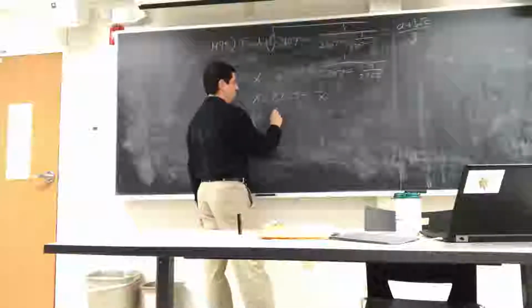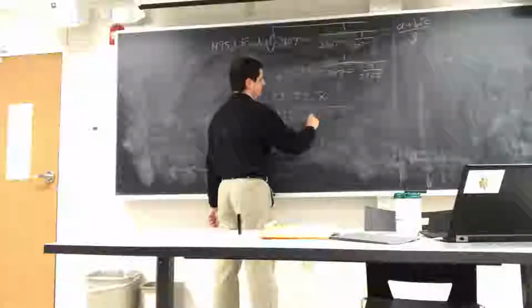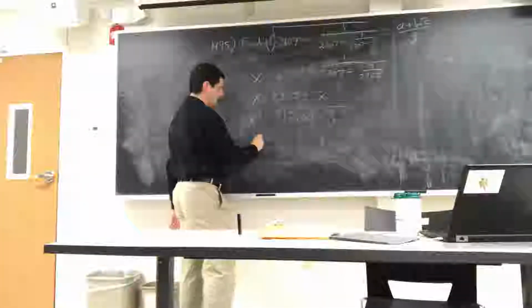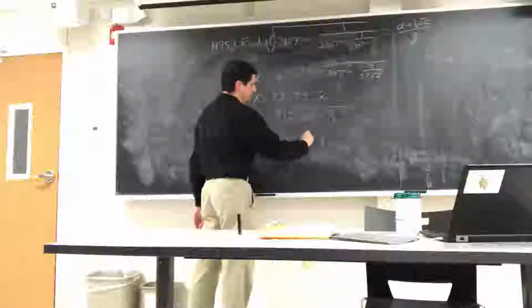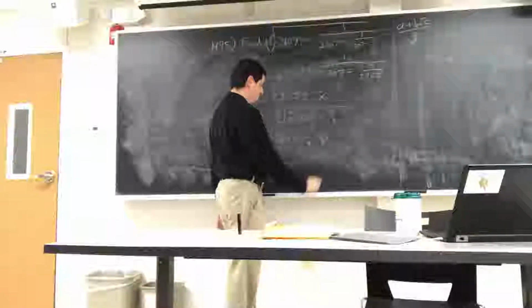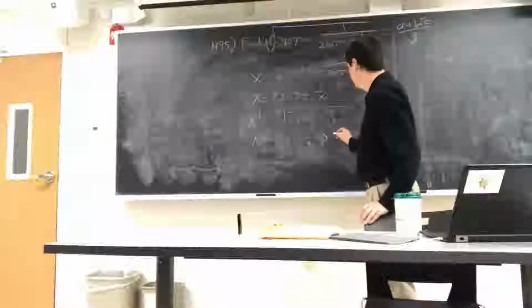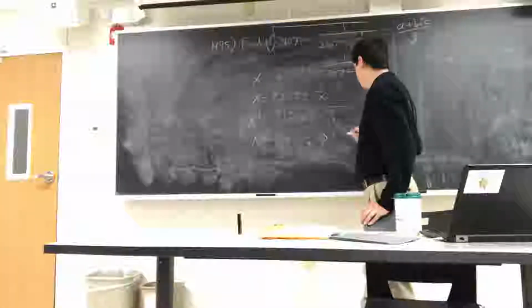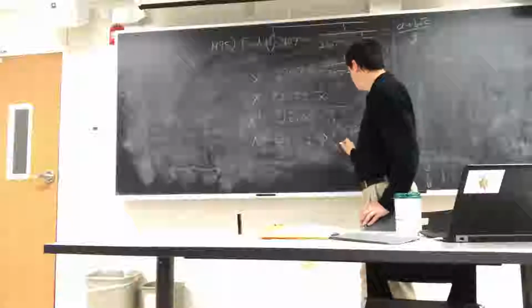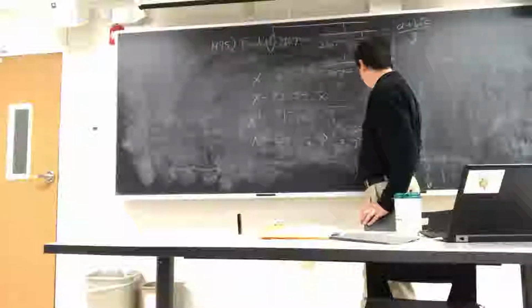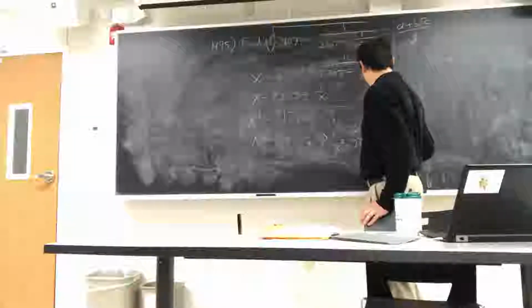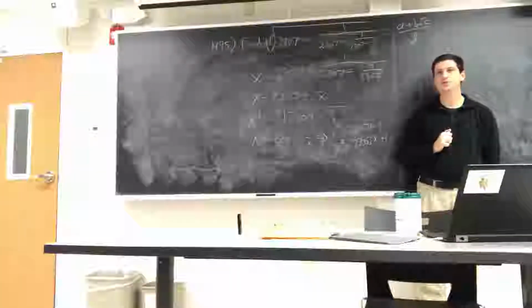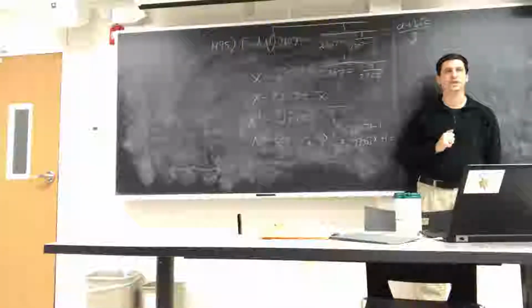So this is the 8th root of 2207 minus 1 over X. So if we take the 8th power of both sides, we get X equals 2207 minus 1 over X, which means if you multiply through by X, X squared equals 2207X minus 1. And so you get X squared minus 2207X plus 1 equals 0. And you have 2 roots. Are the roots both positive, negative, complex? What can you say just by looking at this?